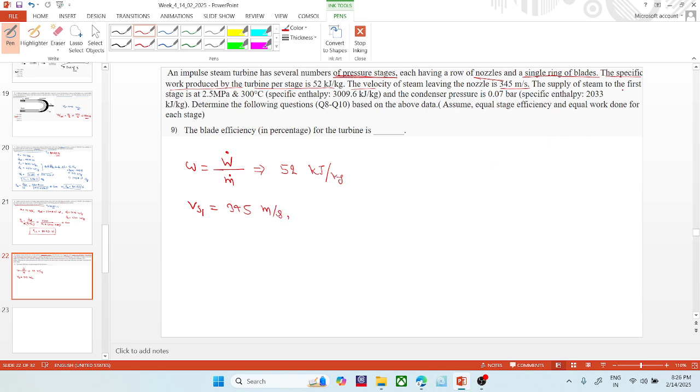Then the supply of steam to the first stage is at 2.5 megapascal and 300 degrees centigrade.